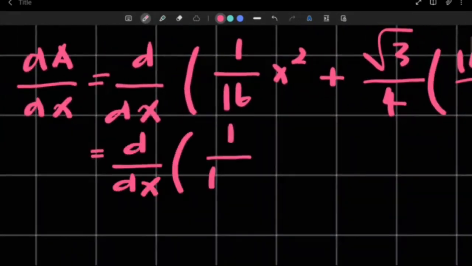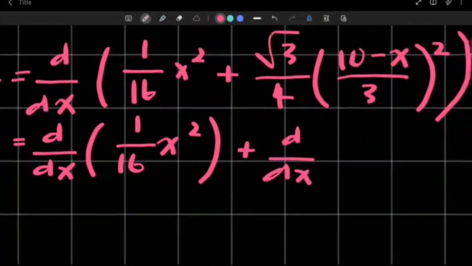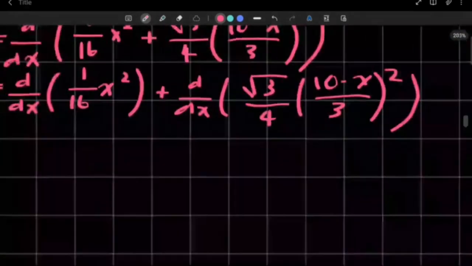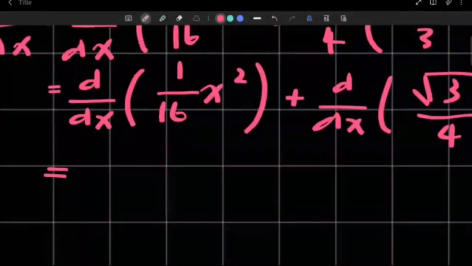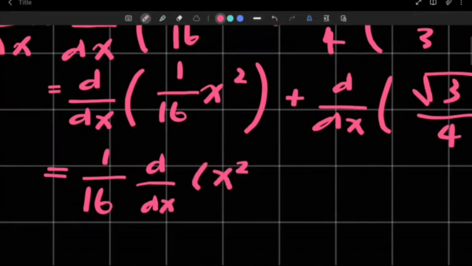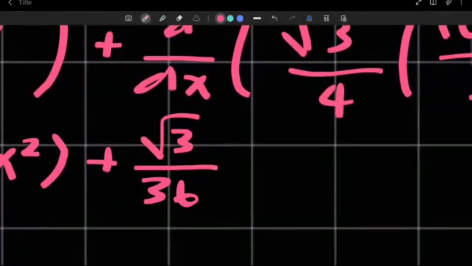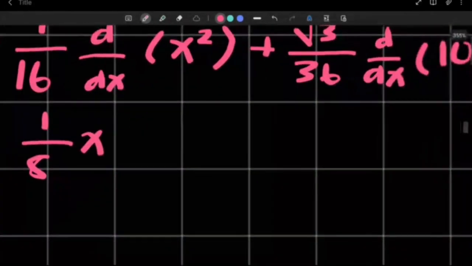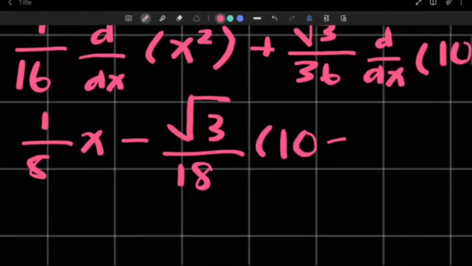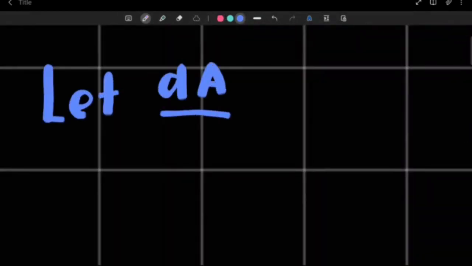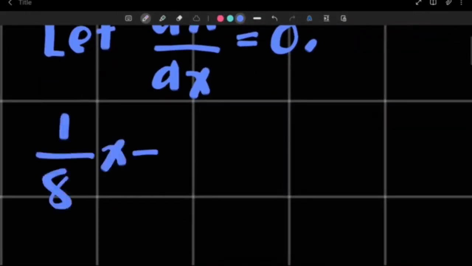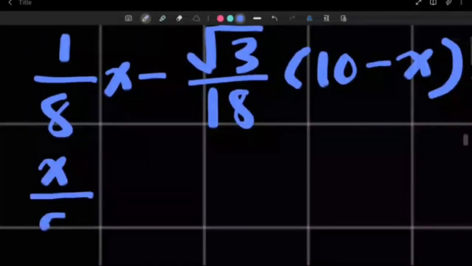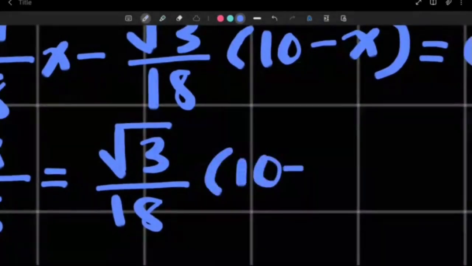Next, we are going to differentiate the total area by using the chain rule, and we are going to obtain the answer, which is 1 over 8 x minus 3 over 18 multiplied by (10 minus x). After that, we are going to set the value to 0. Lastly, we are going to obtain the answer for x, which is approximately 4.35.